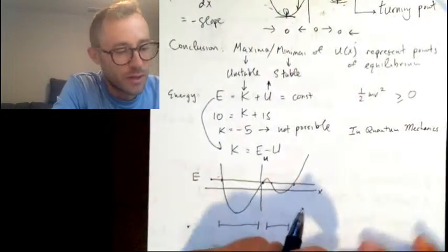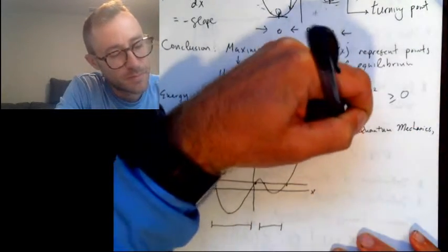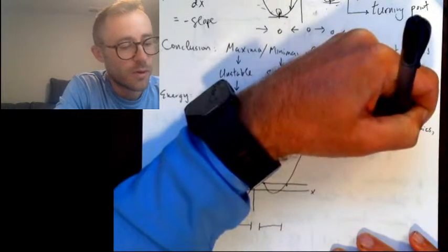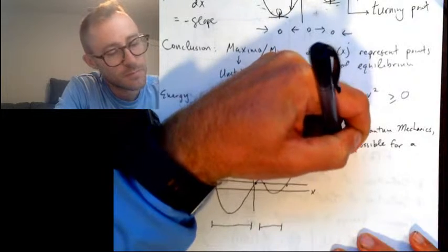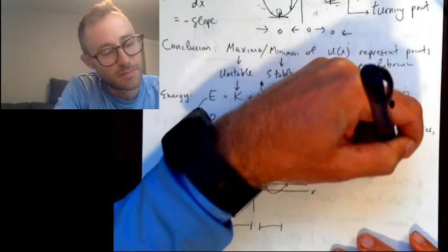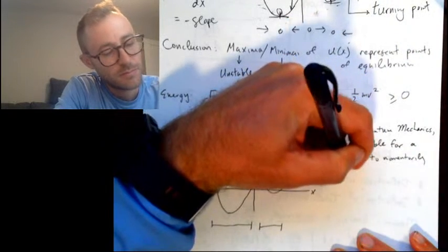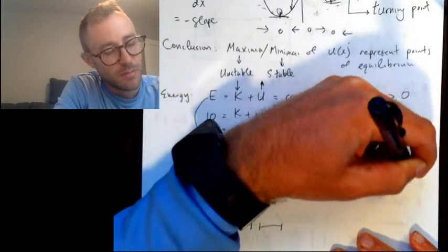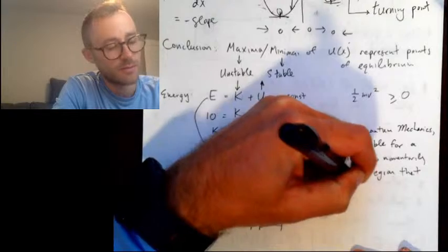In quantum mechanics, it is possible for a particle to momentarily enter a region that is not allowed.